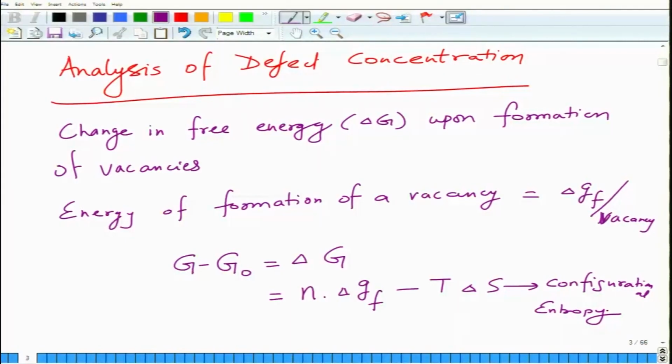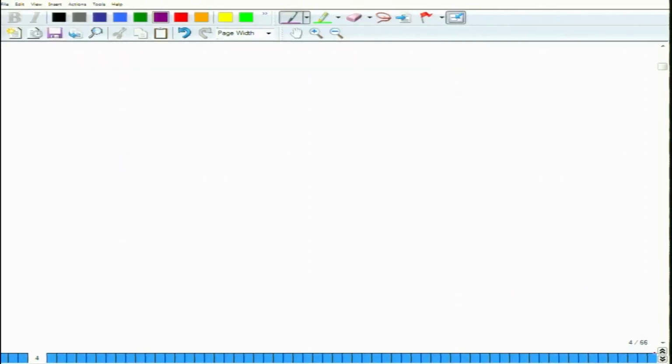When you introduce vacancies in a material, predominantly you are changing the configurational entropy, because since you have a vacant place, the atoms can be put into various configurations. So, we need to work out the change in configurational entropy that happens upon introducing a vacancy.